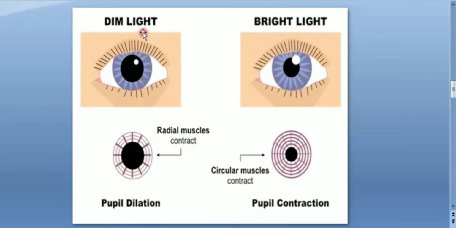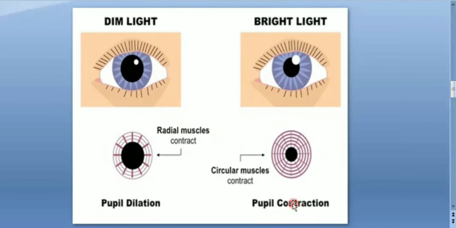In dim light, contraction of the radial muscles causes the dilation of pupil. In bright light, contraction of the circular muscles, these are known as the circular muscles, that helps the constriction of the pupil.